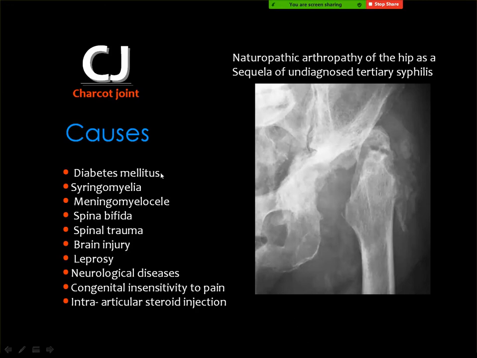Diabetes is at the top, and some neurological abnormalities like syringomyelia, spinal dysraphism, spinal trauma, and so on. And this is an example of Charcot joint in the hip. It is common in the foot actually, but it can be seen in any joint, in the knee, in the hip, in the elbow, and any joint in the body may show this extensive destructive disorganization.